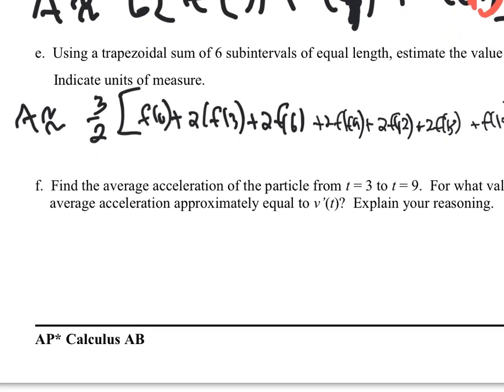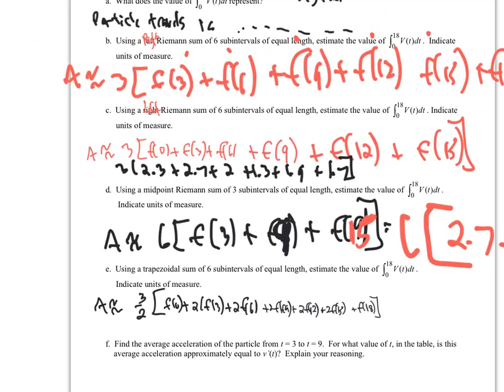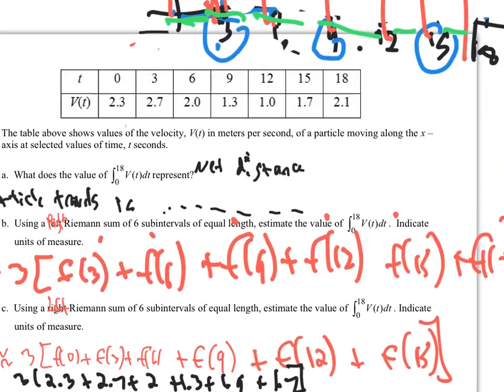Now find the average acceleration of the particle from 3 to 9. Average acceleration. Well, remember, this is a table of velocities. So I have to do the average acceleration, which is like the average derivative.